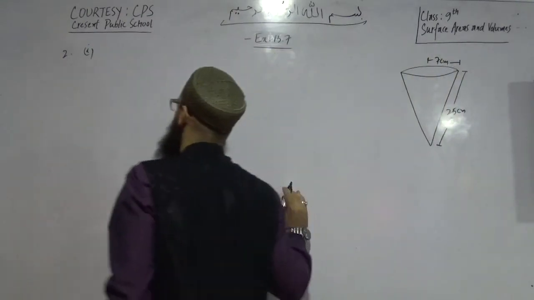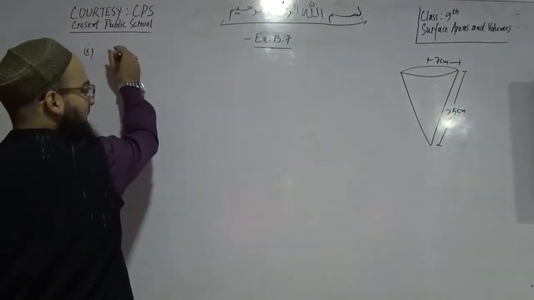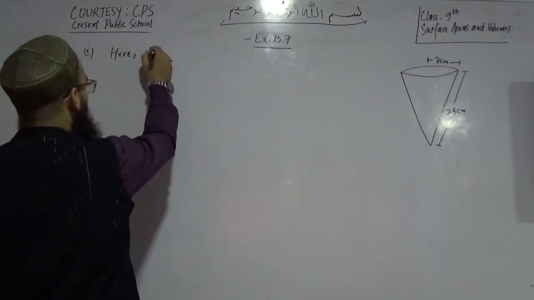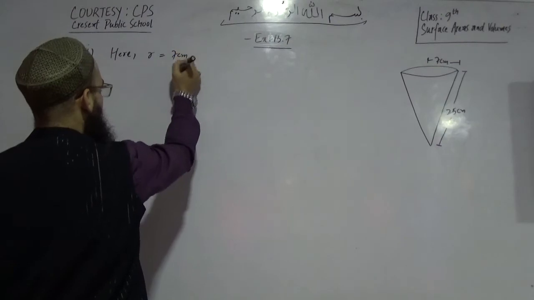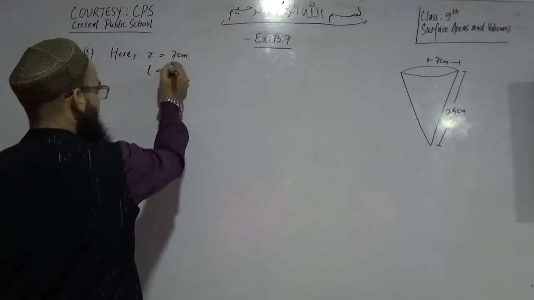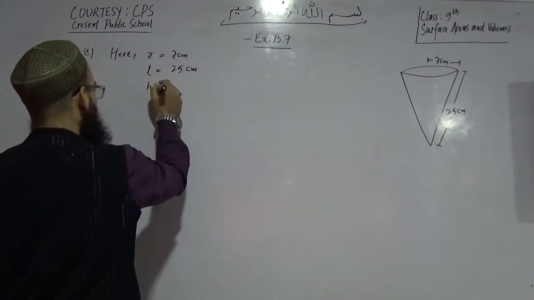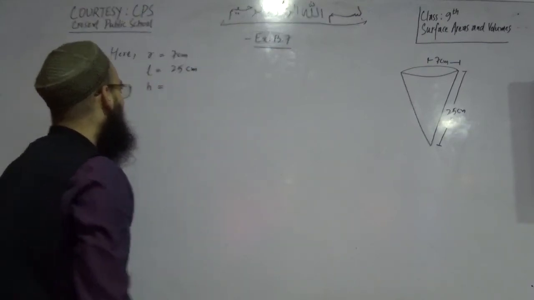Here, r is 7 centimeter. Slant height is 25 centimeter. You can find h. How?